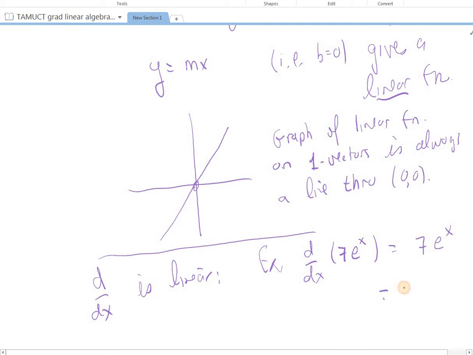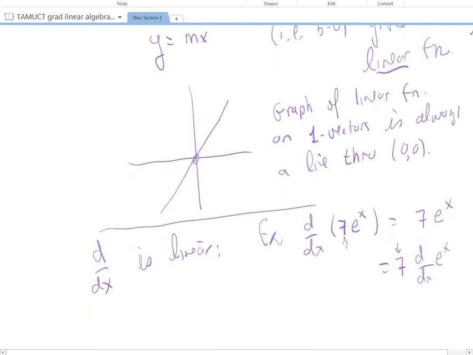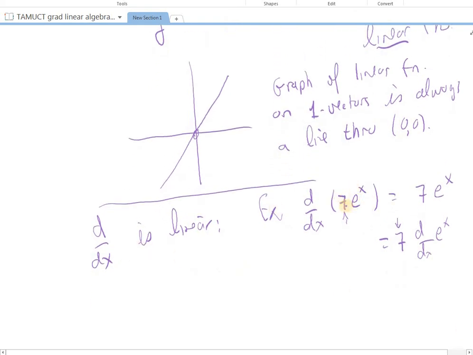And that's the same thing as 7 times the derivative of e^x. So we see the 7 here inside, the 7 here outside. This operation, this derivative, which acts on functions, is a linear operation. We can also say the derivative is a linear function.